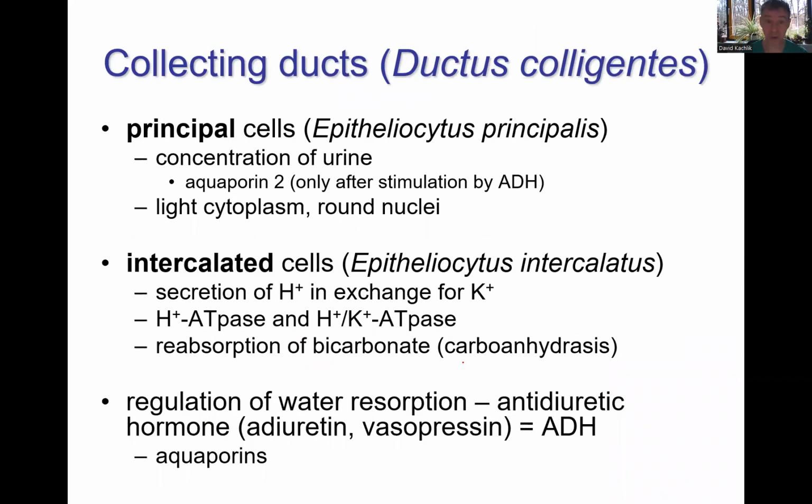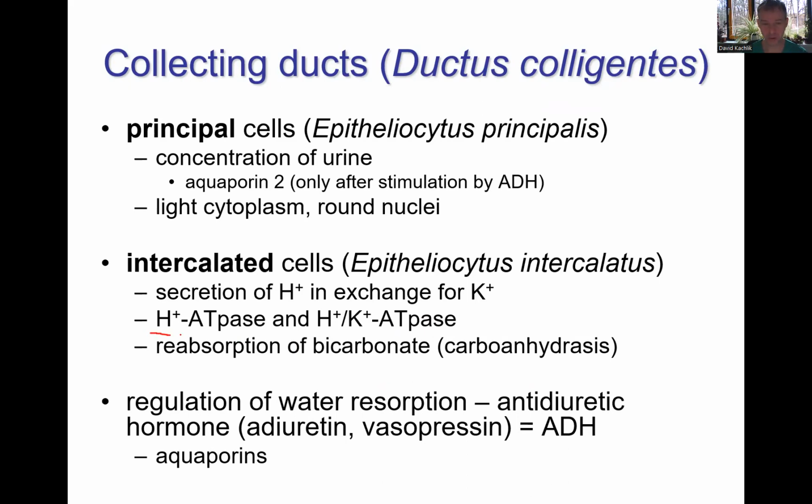Concerning the histology of the collecting ducts, we have two types of cells. The principal cells contain the aquaporin, which is sensitive to antidiuretic hormone, as I said. And then we have darker cells, which are called intercalated. And they contain two ATPases.